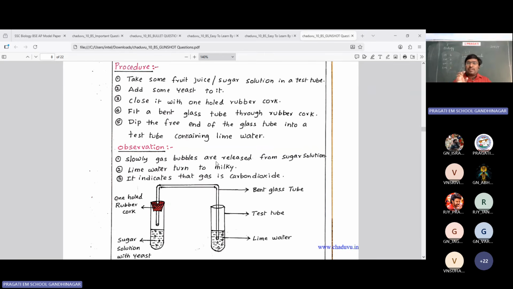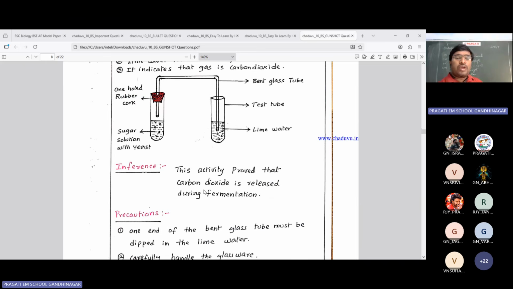So the lime water turns milky. That indicates a gas, and what is the released gas here? Carbon dioxide. So it gets milky white. So what is the inference here? The activity proves that carbon dioxide is released during fermentation.